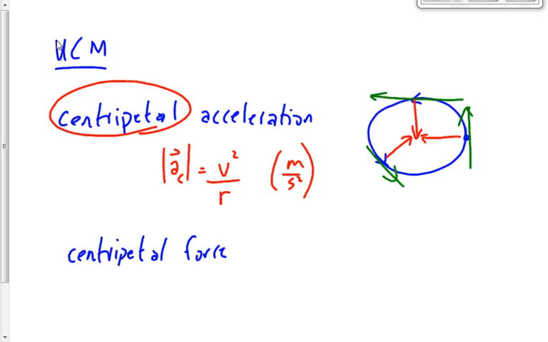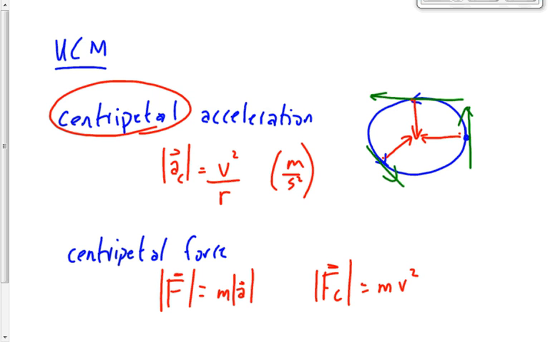Now, I'm not going to redraw this diagram, because if the acceleration at these 3 points points towards the center, then the force at those 3 points will point in exactly the same direction. The equation? Well, F is equal to m times a. We know that, right? But a, we know from just a minute ago, is equal to v squared over r. So I'm going to take my equation F is equal to m times a and replace a with my centripetal acceleration equation. The centripetal force becomes mv squared over r.